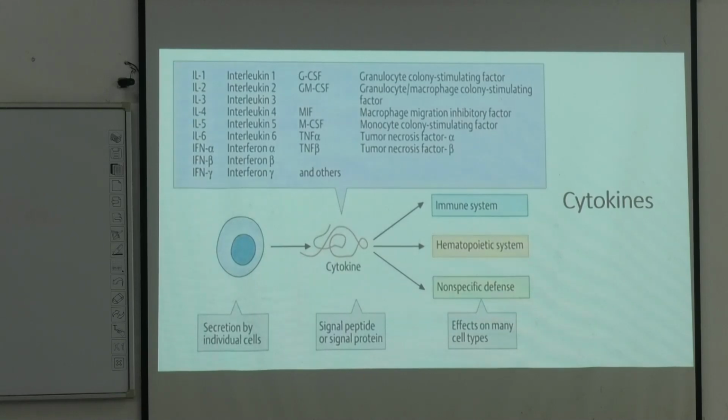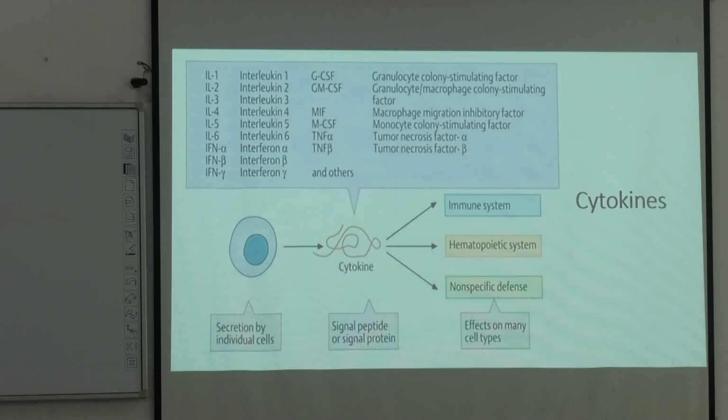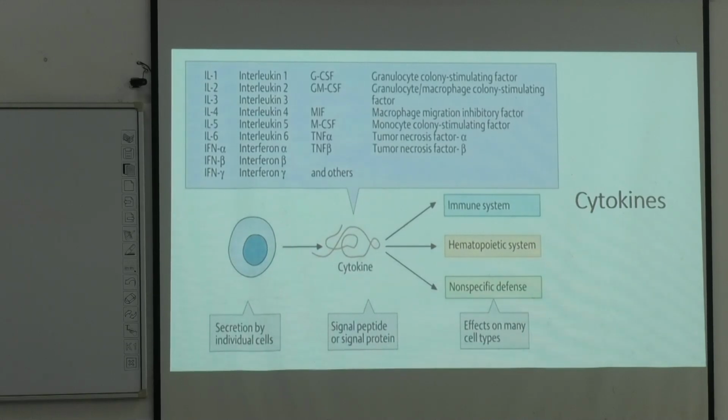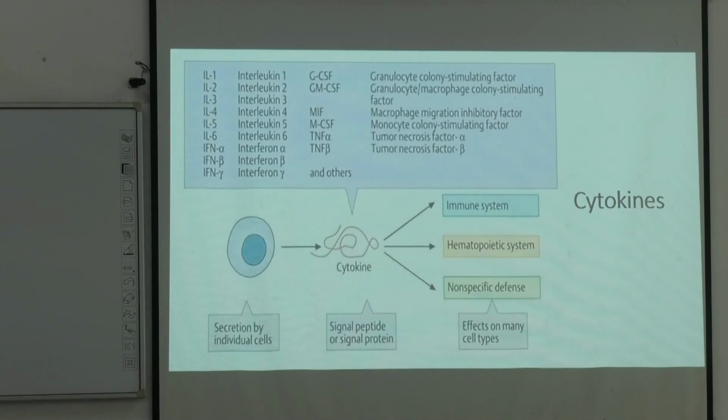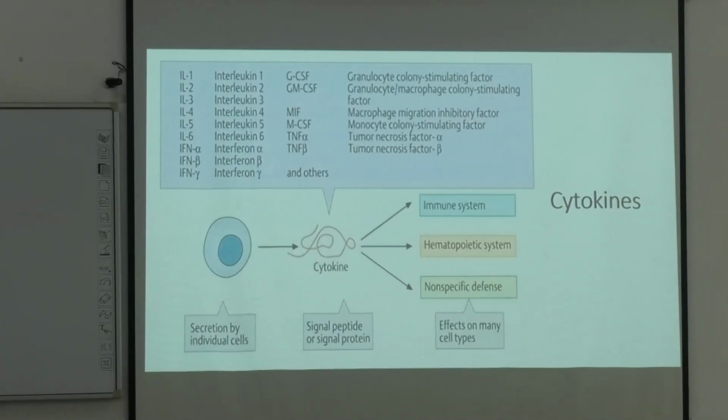There are so many interleukins, and they have a variety of functions, not only in inflammation, but they also take part in hematopoiesis, or formation of blood elements in bone marrow.